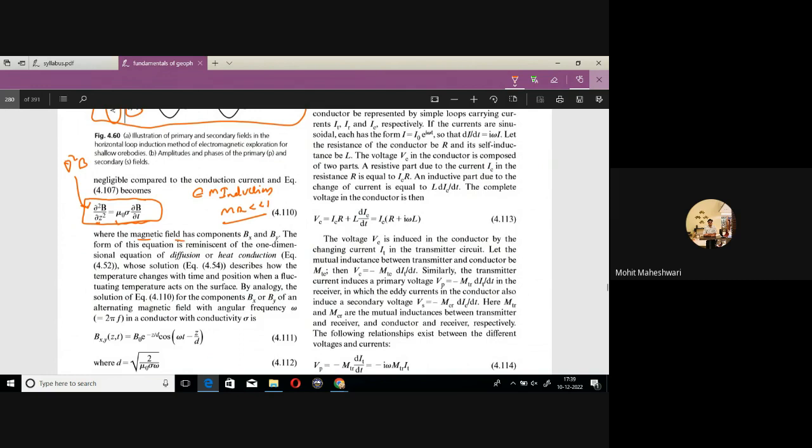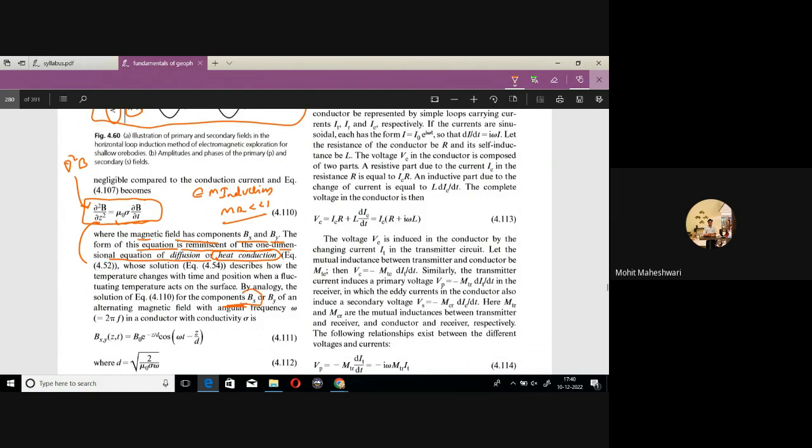Where the magnetic field has the components Bx and By, the form of the equation is reminiscent of the one-dimensional diffusion equation, or you can say the heat conduction equation, right? So the solution of this equation will describe how the temperature, or you can say how the magnetic field, will change.